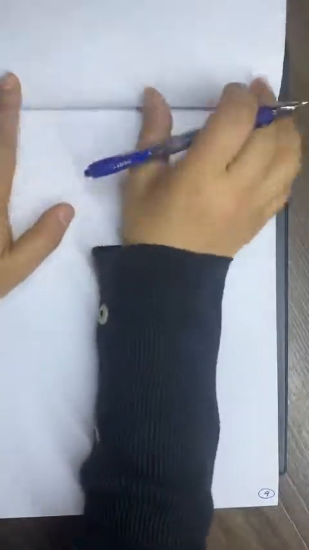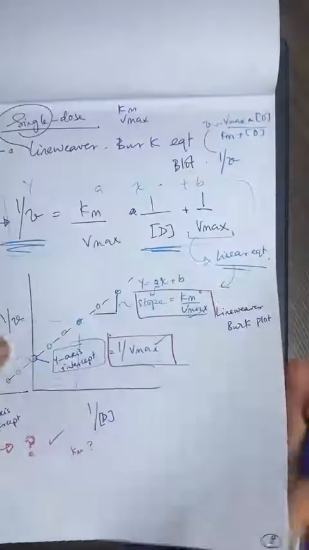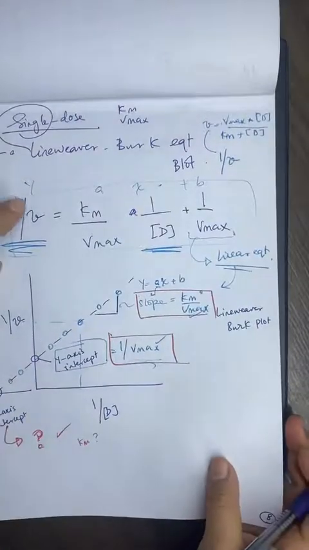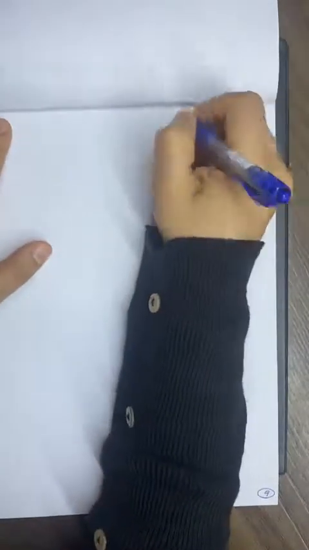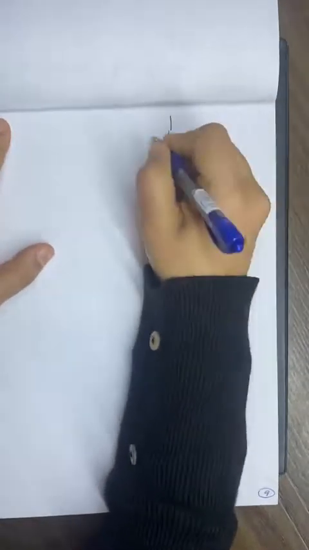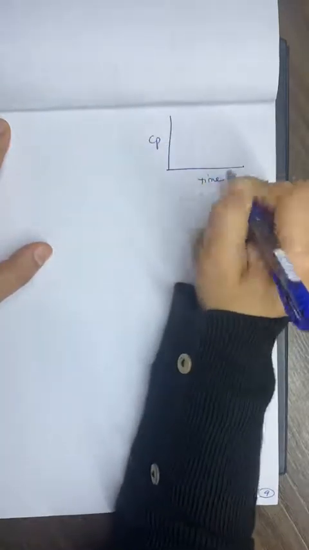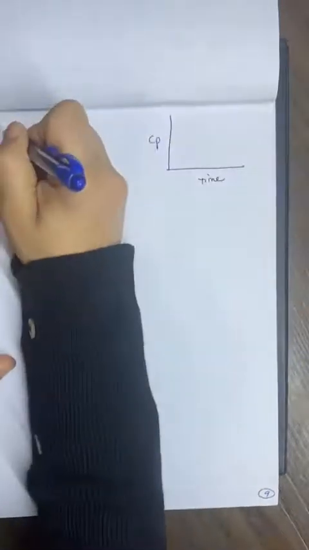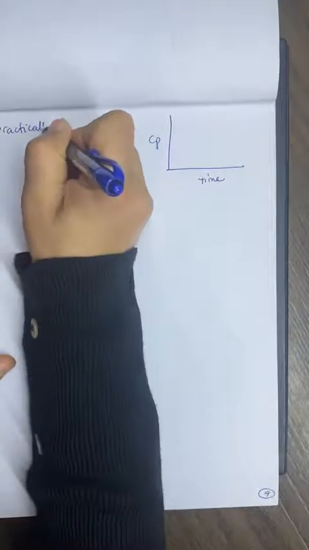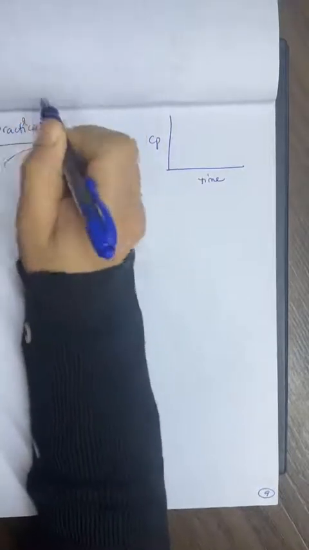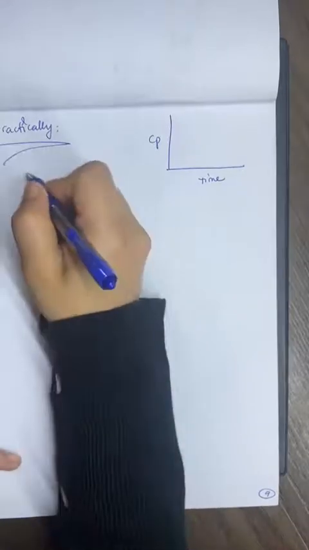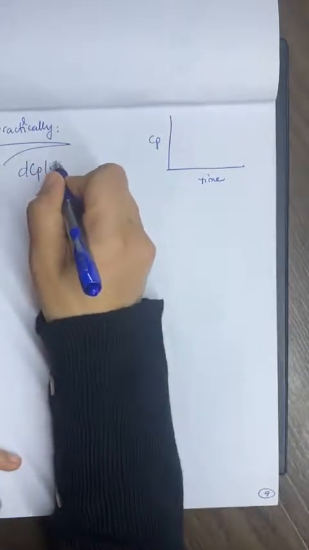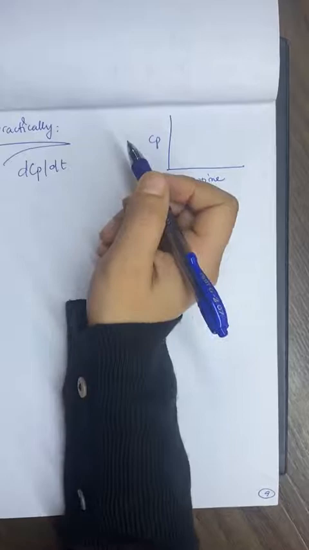Okay, after that, here we have the reciprocal of rate versus the reciprocal of the concentration of the drug. But usually in practice, we have concentration versus time. So what you will usually encounter is that we determine the change in concentration versus time, usually for at least 2 points.